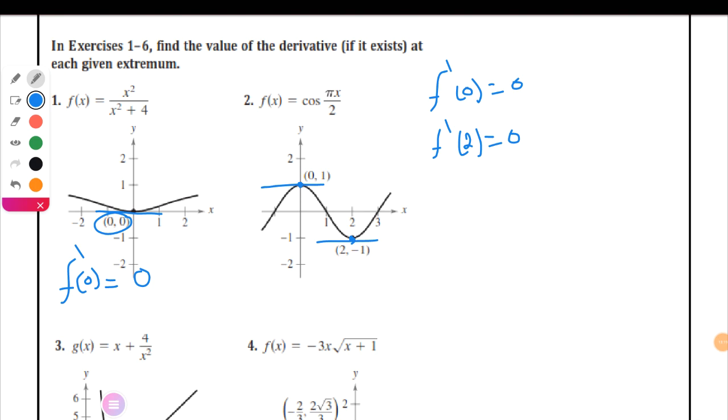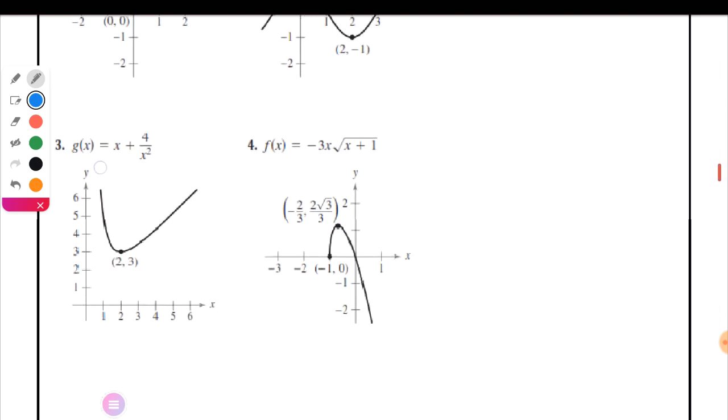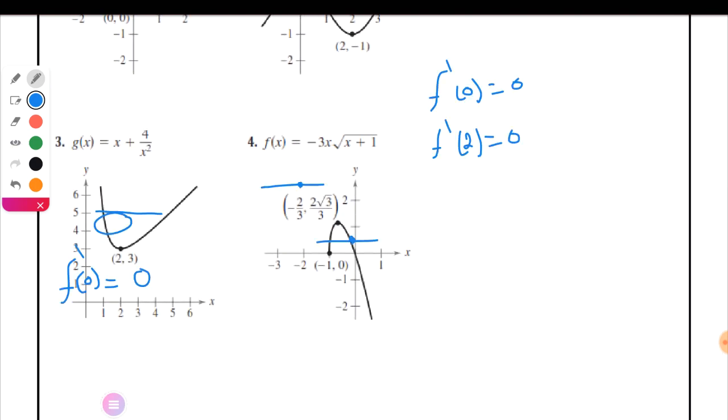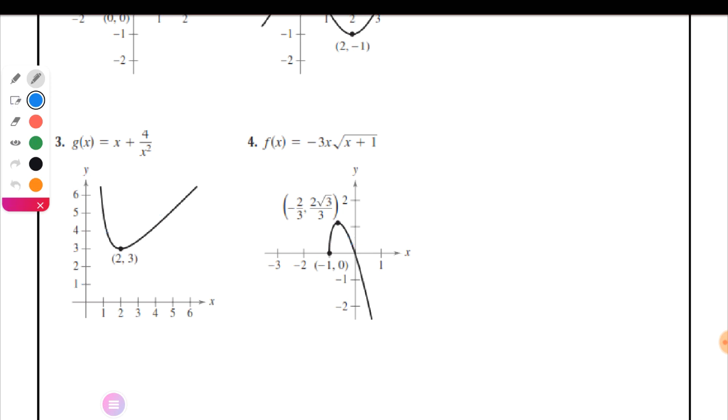Okay. Now I'll continue to solve number 3 with you. Here, it's so clear, this one has a horizontal tangent, so for the derivative of the function g at critical number 2, as you see, it will be 0.